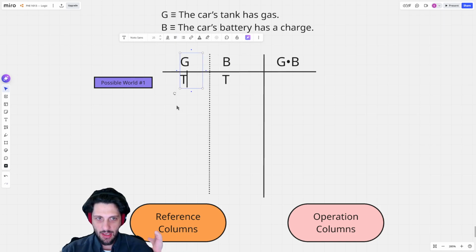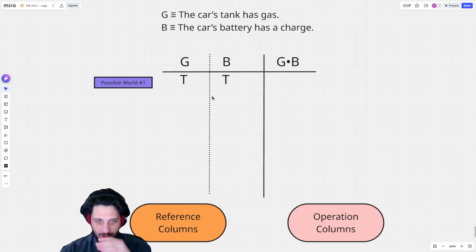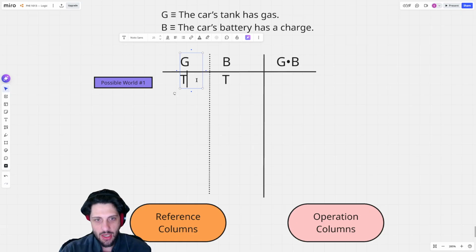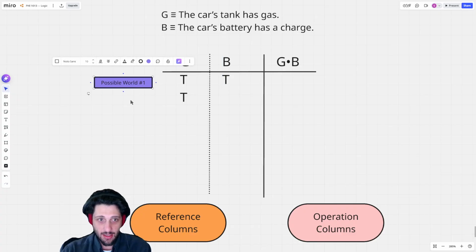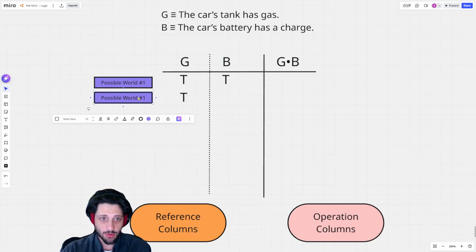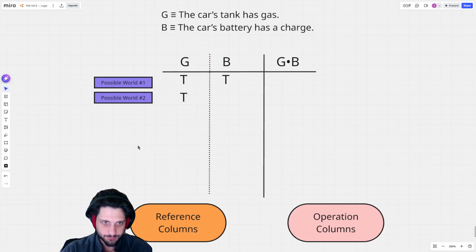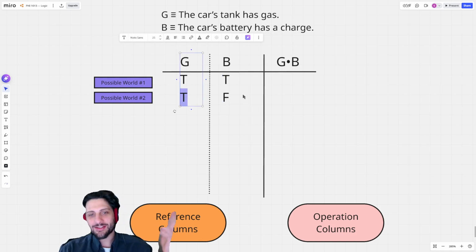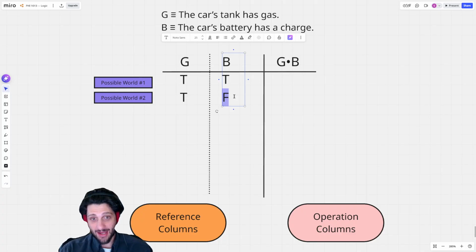Now, before we move on to looking at our complex statement, again, I want to look at every possible way the world could go. So, we could also see that the car could have gas, and I'm going to call this possible world number 2 here. The car could have gas, and this could happen while the battery does not have charge, right?